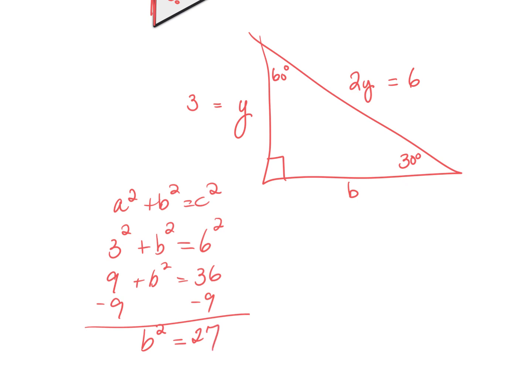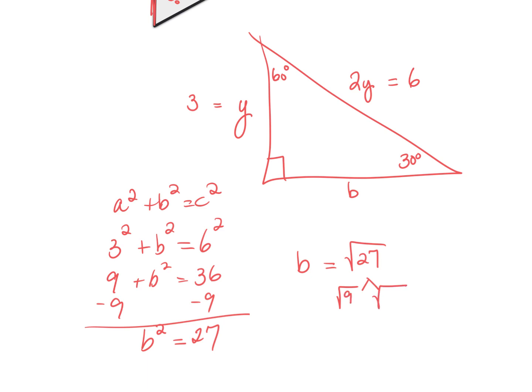Now, my last step is always to take the square root. And like we did in the 45, 45, 90 triangle, I am going to simplify this into simplest radical form by factoring out as many perfect squares as I can.